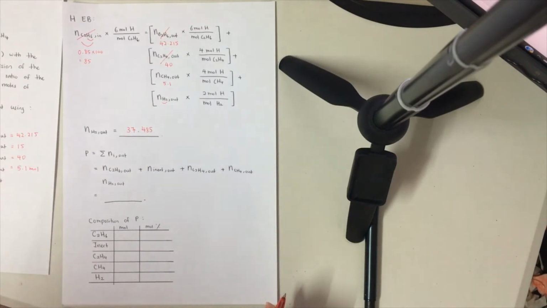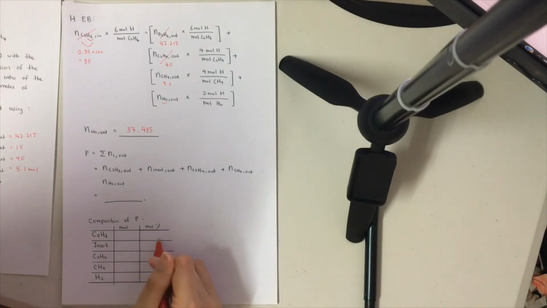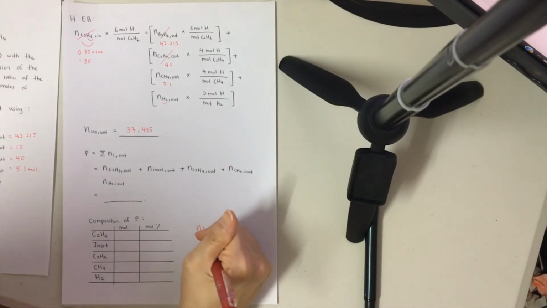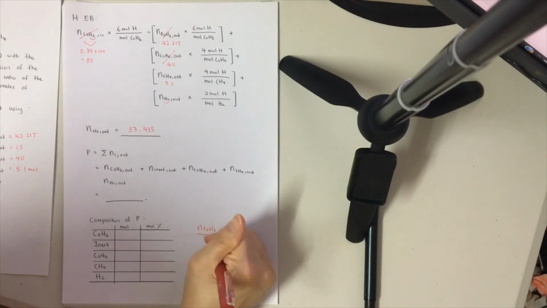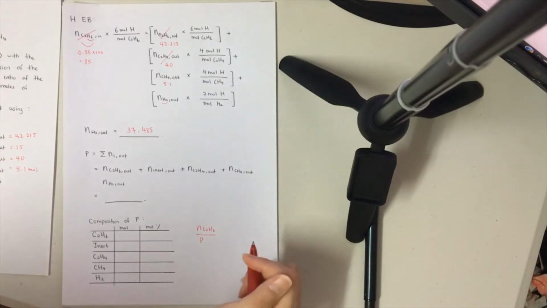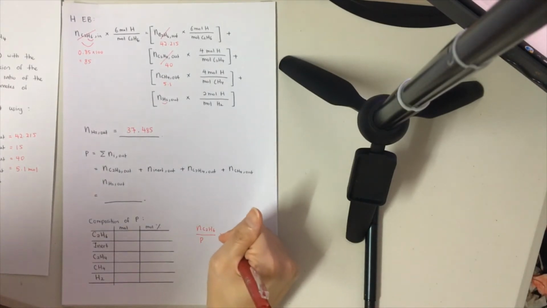And the question actually wants you to calculate the composition of the product, so meaning to say you have to calculate it by percent. To calculate it by percent, basically you have to have the number of moles of C2H6 over the total number of moles of the product multiplied by 100.